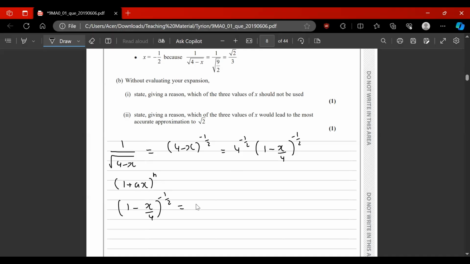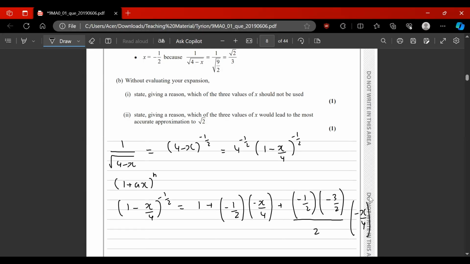So this is going to be our first term here, 1 plus, n here is minus half, times the a or x term, minus x over 4, plus, now the third term is going to be minus half times n minus 1, which is minus 3 over 2, whole thing over 2, multiplied by minus x over 4 squared.